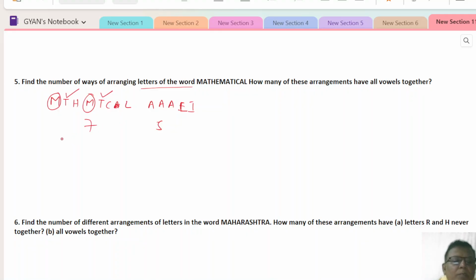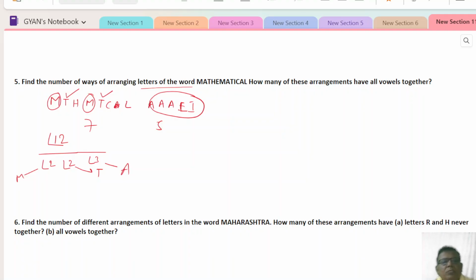So total without any vowel restriction, that will be 12 factorial divided by factorial 2 for M, factorial 2 for T, and factorial 3 for A. Now all the vowels have to be together. So take them as one entity, then 1, 2, 3, 4, 5, 6, 7, and 1, 8.